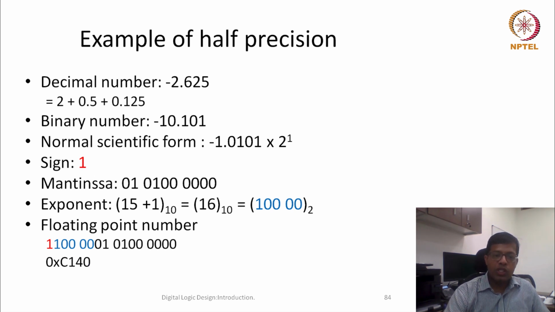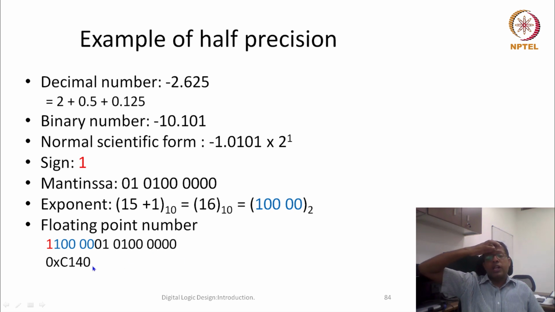So this 1100 will become C, 0001 is 1, and 0100 is 4, and these 4 zeros will be 0. This way, if we are given any number, we can understand how to convert that number into a floating point number of half precision, single precision, double precision, or whatever is the given format.